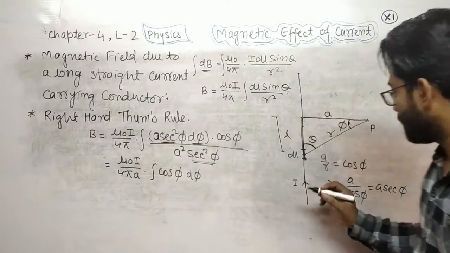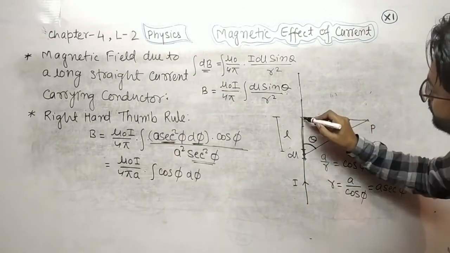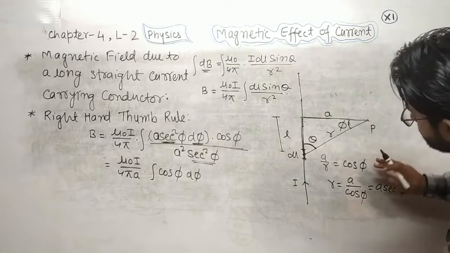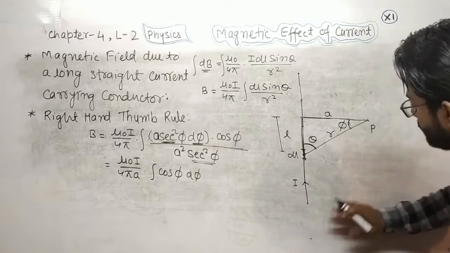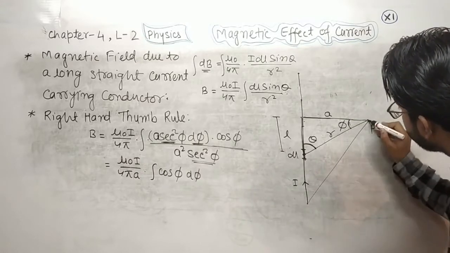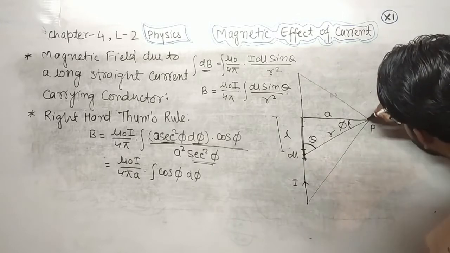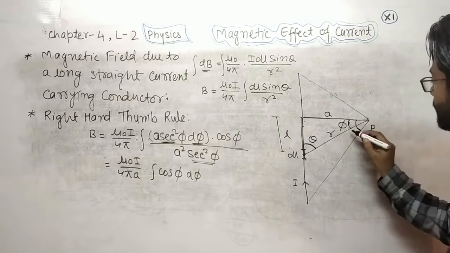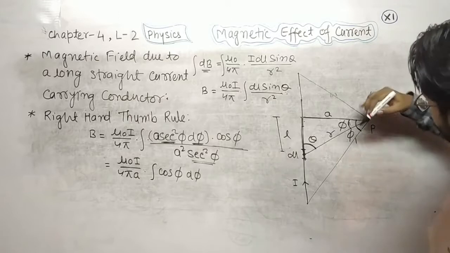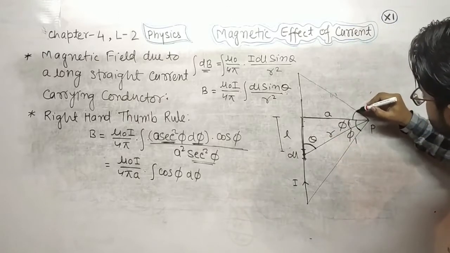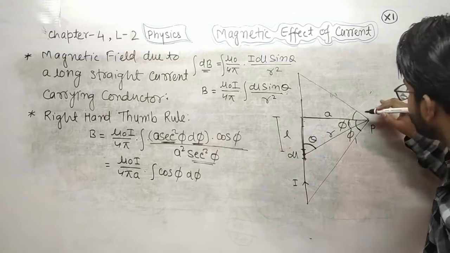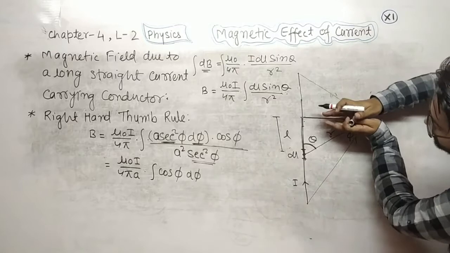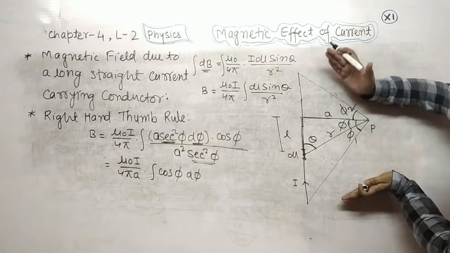Integration of cos phi d phi. Let us suppose this conductor is of finite length, that means it is spread from this angle to this angle. Let us suppose this is phi 1 and in the other direction, the clockwise direction, this is phi 2, so the whole conductor is spread over phi 1 to phi 2.